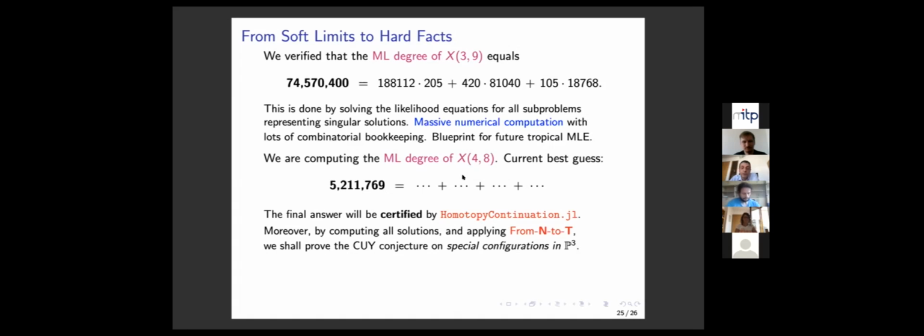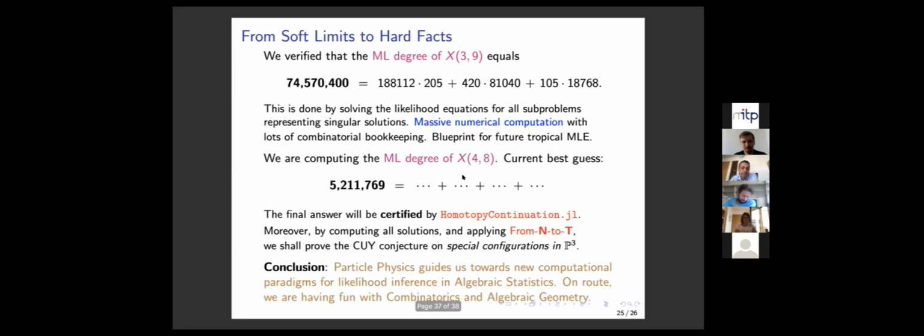Homotopy continuation will produce an interval arithmetic proof. And moreover, by computing all solutions and applying the numerical tropical machinery, we hope to prove the CUY conjecture on the 7 types of special configurations that arise in this problem.